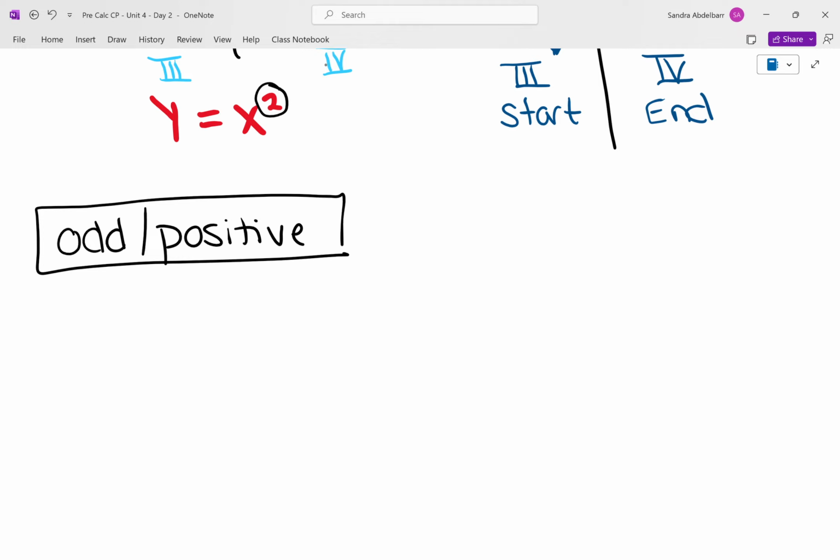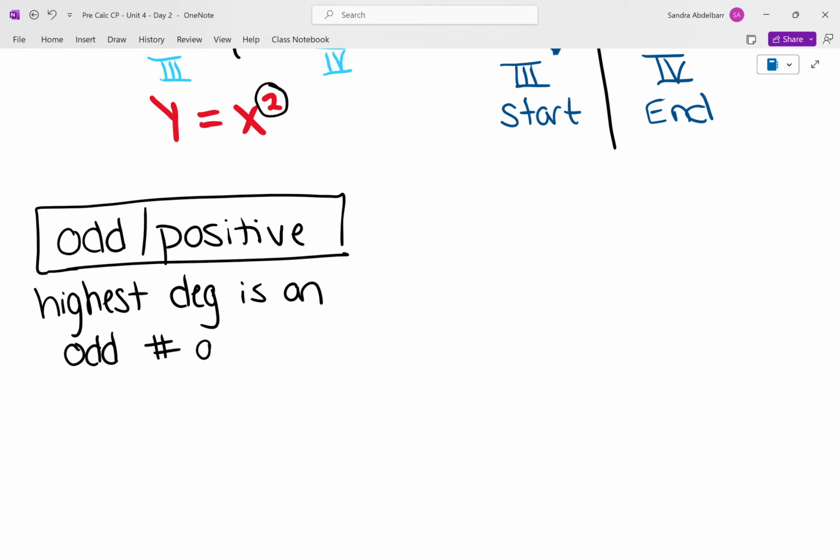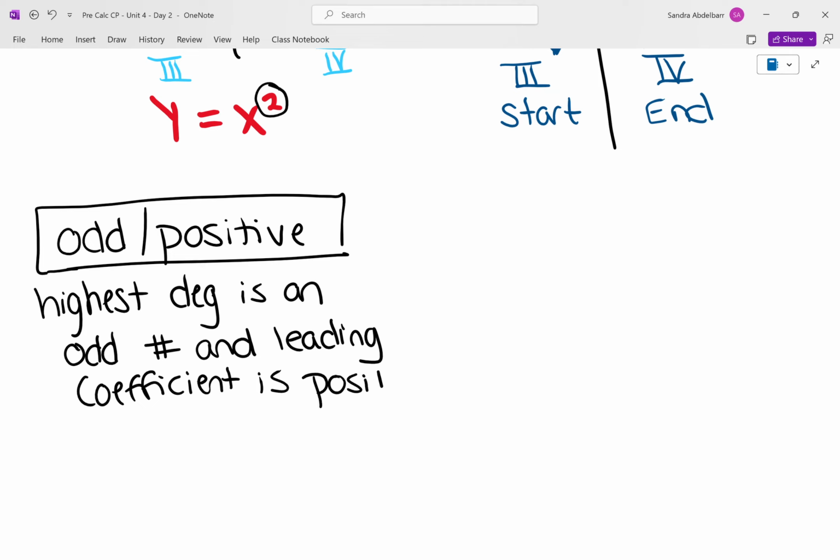Odd positive means highest degree is an odd number, and leading coefficient is positive.